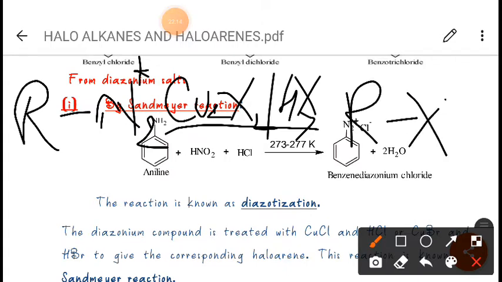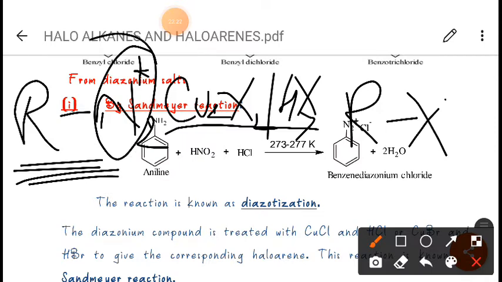It will form RX. Since this is a very super leaving group, it will leave very easily, and in place of it X will come and attack. This X can be anything, it can be chloride or bromide.